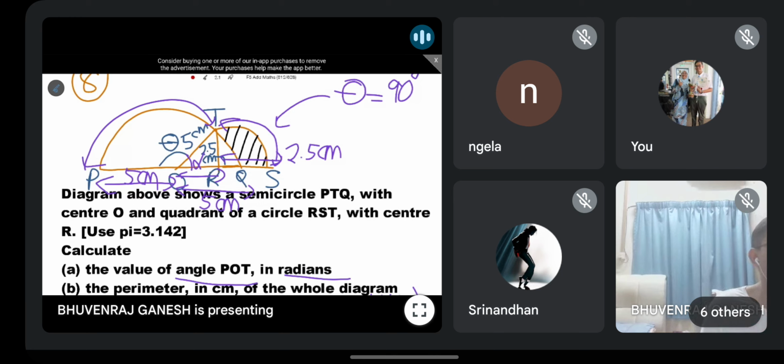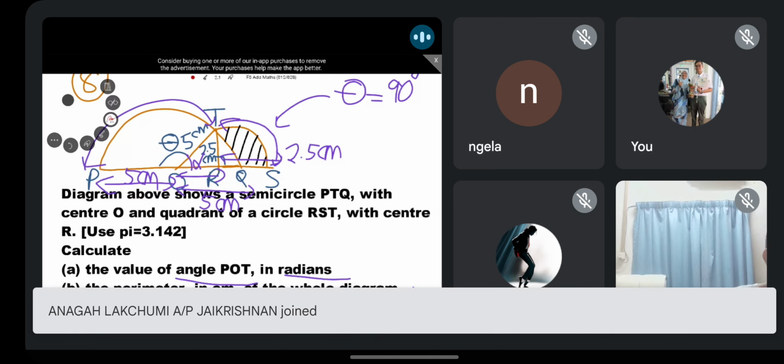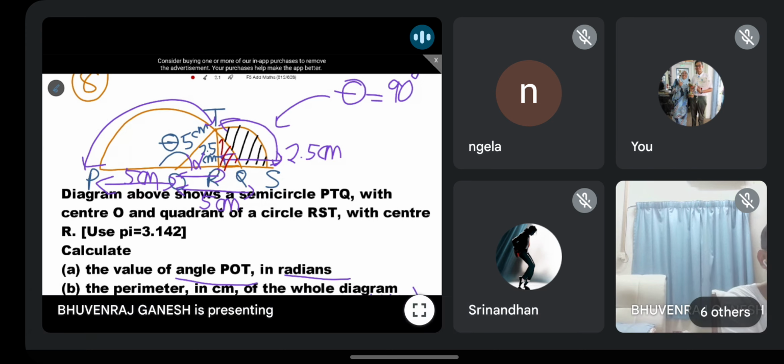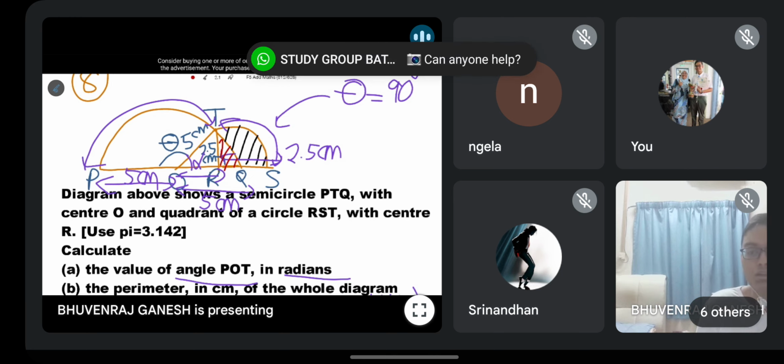Selena, kalau kamu buat begitu, kamu sebenarnya cari kawasan TRQ, yang merah ini. Kalau kamu ambil RTS, kuadran tu, tolak dengan kawasan berlorek, kamu akan dapat TRQ. Tapi soalan tanya kawasan berlorek tu. Jadi kawasan TQS tak boleh ada dalam jalan kira kamu. Itu adalah jawapan akhir kamu.